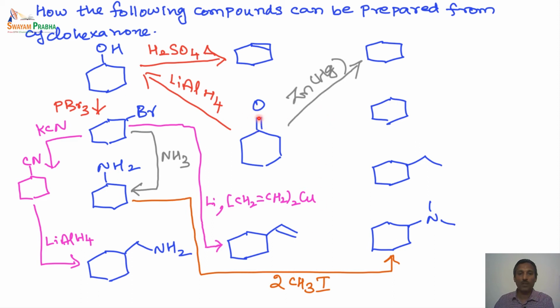And the carbonyl group can be reduced using zinc and mercury or hydrazine. So both the reaction conditions can be used to prepare the same cycloalkane in two different ways. And this alkene on reduction with hydrogen and palladium gives a corresponding ethyl substituted cyclohexane derivative. So that way we can carry out many of these reactions starting from the cyclohexanone.